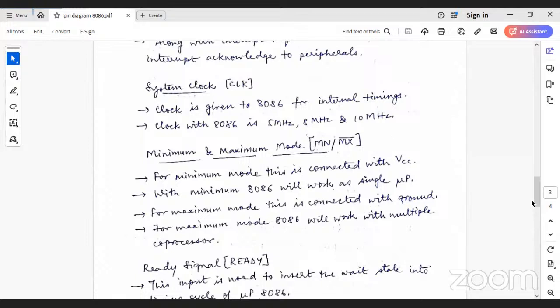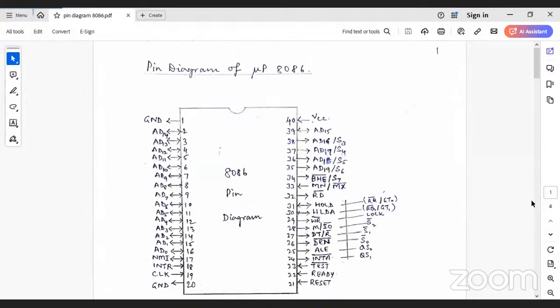Ma'am, they're asking a 5 marks question for minimum and maximum modes. We have to enlarge that matter and draw the table. What is given in our material? You write that much only. See, when minimum mode is active, when maximum mode is active, in minimum mode, what signals are you going to use, like pin number 24 to 31.